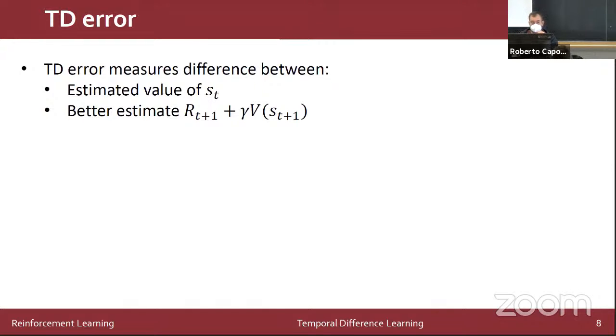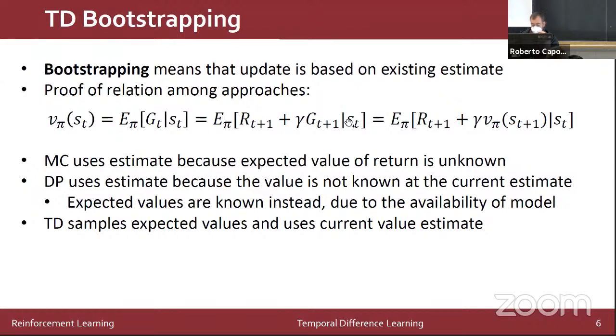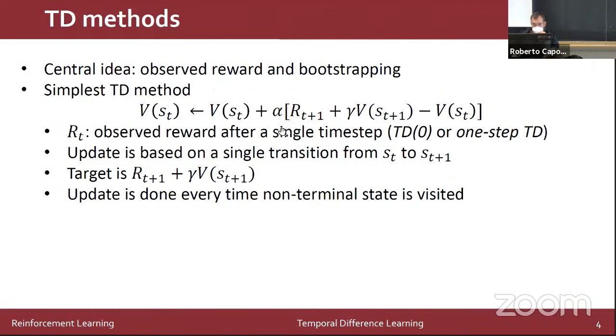Okay, so when we introduced this update rule, we said the general update rule, which I repeat once more: new prediction becomes previous prediction plus alpha that multiplies the target minus the current prediction.